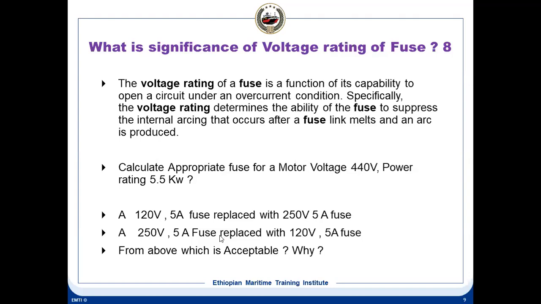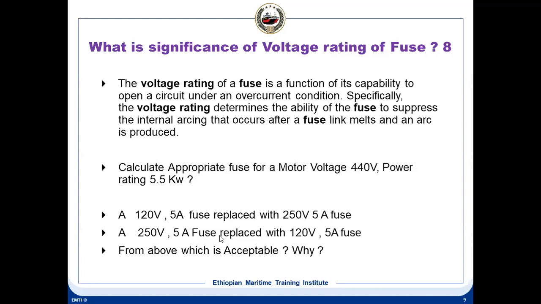What it means is that the higher voltage means a larger gap between these two electrodes. As the voltage rating increases, the gap becomes larger, so an electrical arc cannot be produced. Hope you understood. When you have a 120 volt 5 amps fuse, the gap between the two electrodes is smaller. 250 volt means it is more.